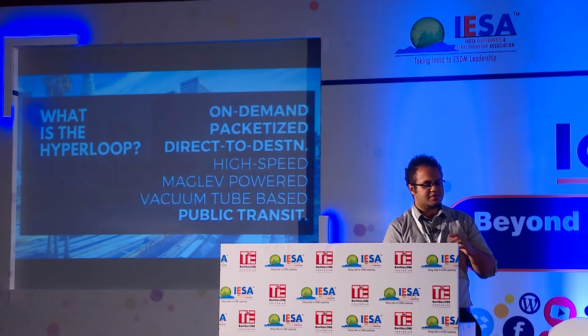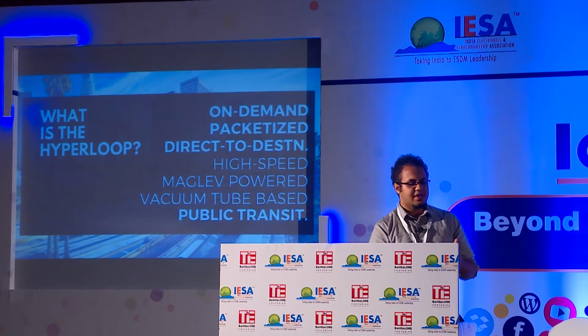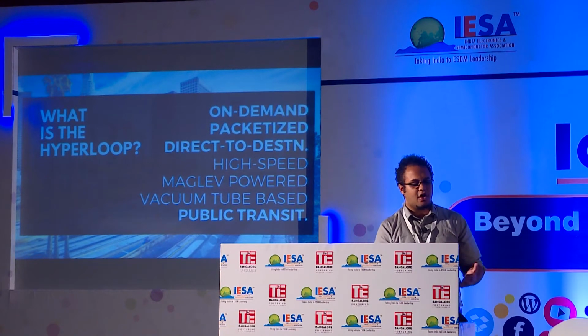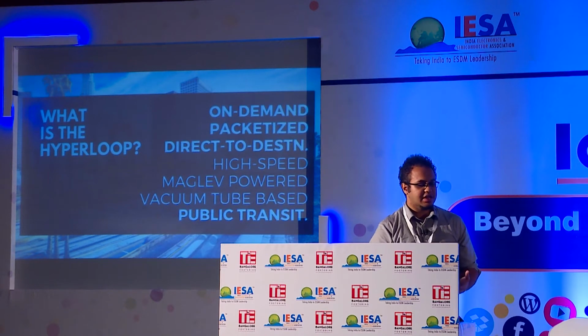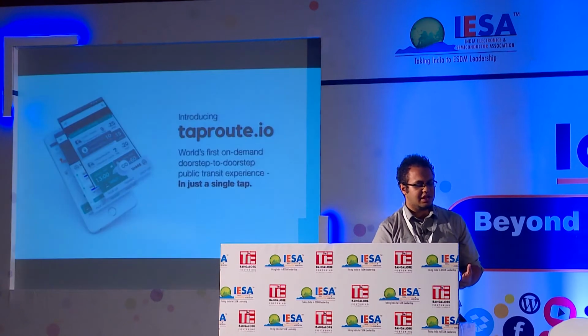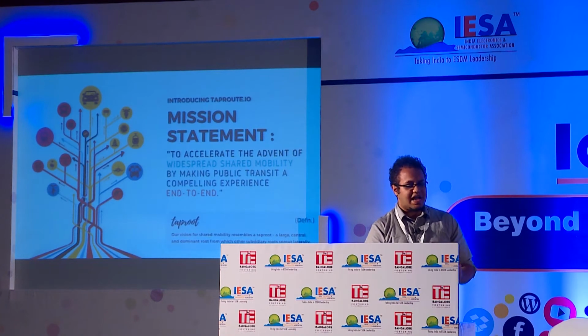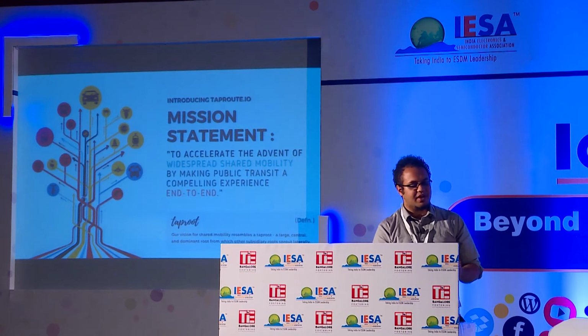So from focusing on the high-speed maglev and vacuum tube-based part, we started focusing more on the on-demand, packetized, direct-to-destination part of public transit. And we changed our mission statement to accelerate the advent of widespread shared mobility by creating an end-to-end public transit experience which is compelling enough.